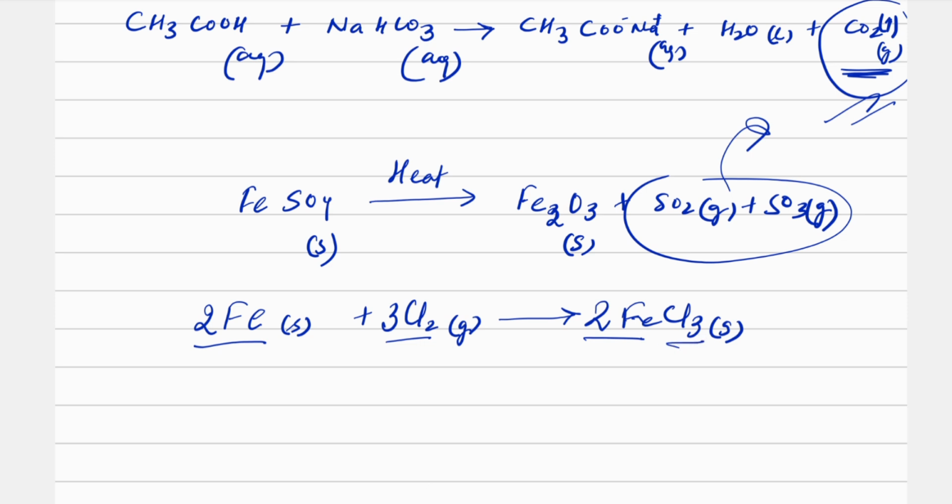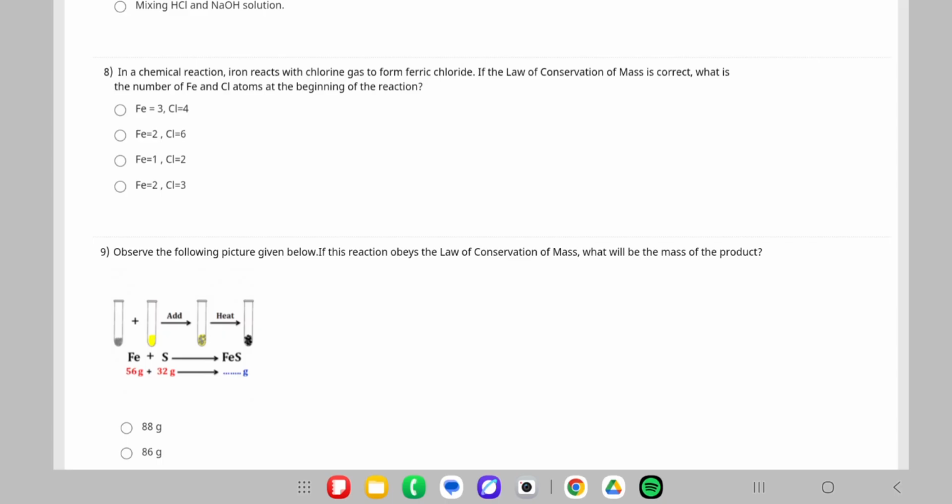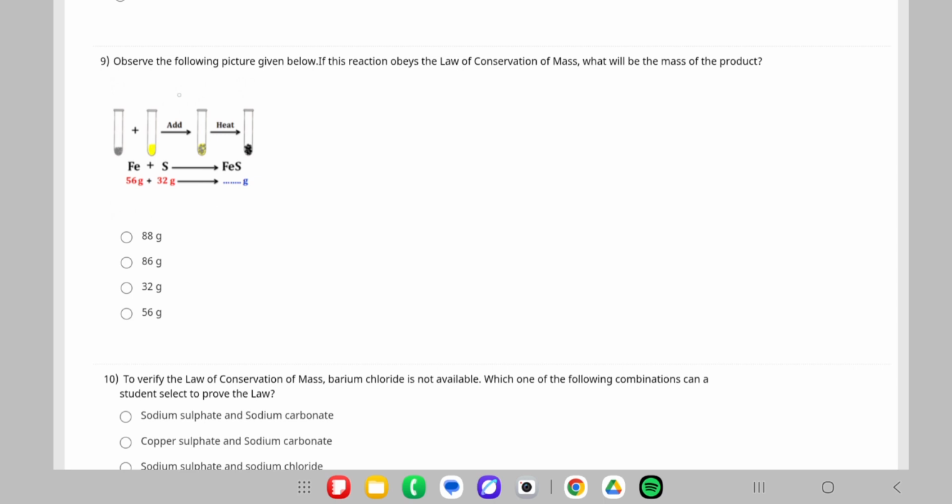So how much iron and chlorine is used? 2 iron, and if chlorine atoms are asked, then 6 chlorine atoms, and if molecules are asked, then 3 chlorine molecules. Let's go back to our question. So the answer is going to be Fe2Cl6.